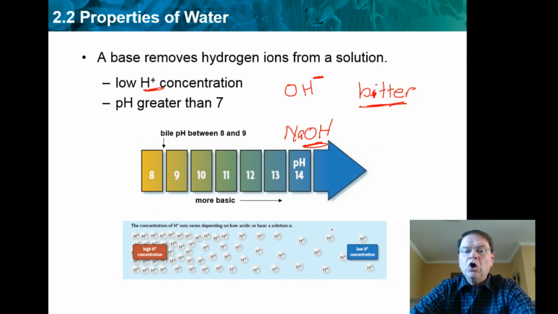Okay, so very low hydrogen ion concentration, we get a base. Very high hydrogen ion concentration, we get an acid. Acids are sour and bases are bitter. And all these things are going to enter into the interactions that we find in living things. And they're also very sensitive to these kinds of things as well, both internally and on the outside.